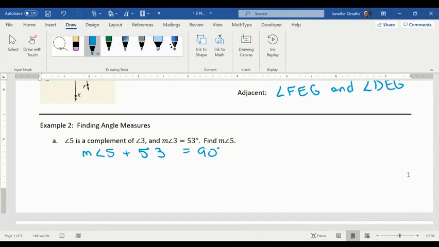Now we just need to solve this equation to figure out what the measure of angle 5 is. So minus 53, minus 53. The measure of angle 5 will be 37 degrees. That's all you have to do there.